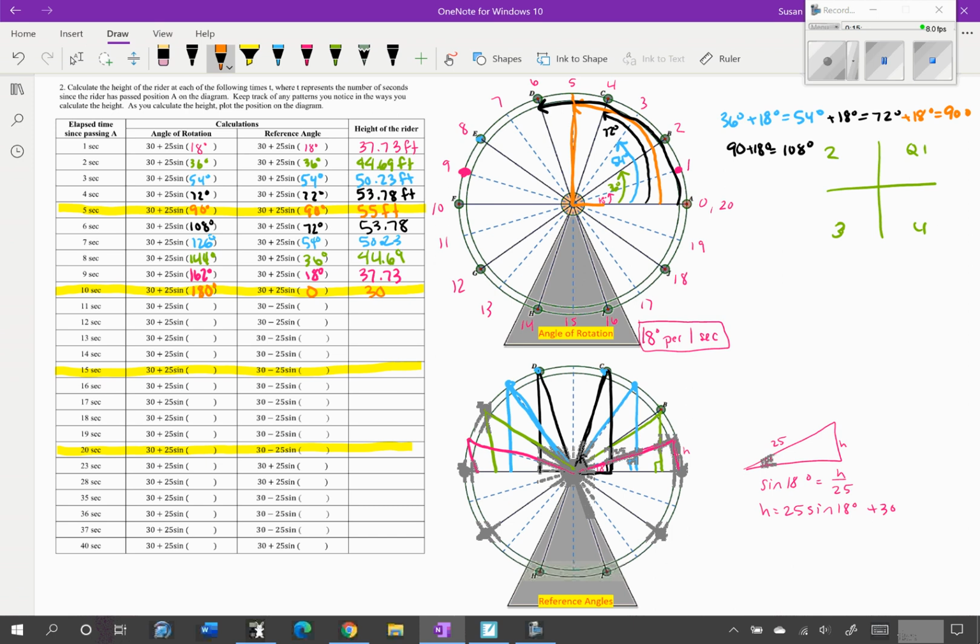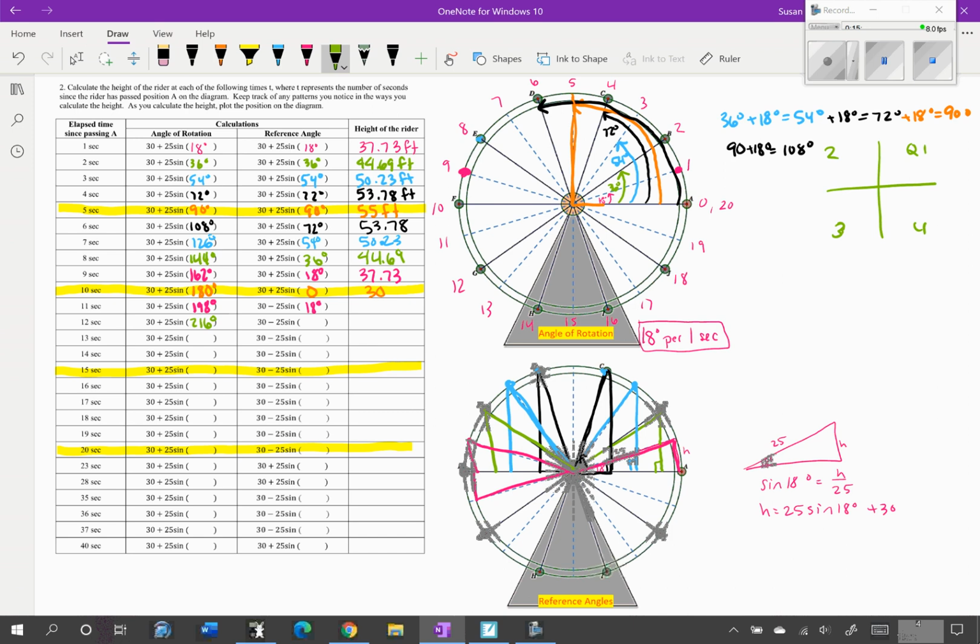So now we can continue to do this in quadrants 3 and quadrant 4. So I'm just going to keep adding to each of these values 18 degrees. So 180 plus 18 gives me 198 degrees, which again would be using this triangle, which is 18 degrees. And the one that would become after that, 198 plus another 18 degrees is 216.